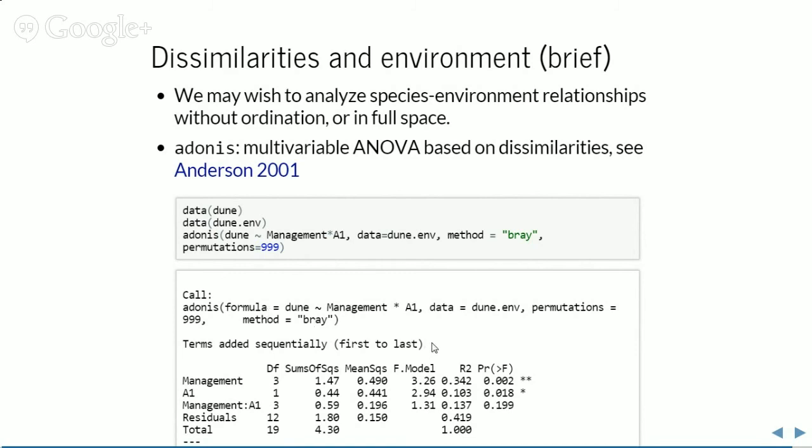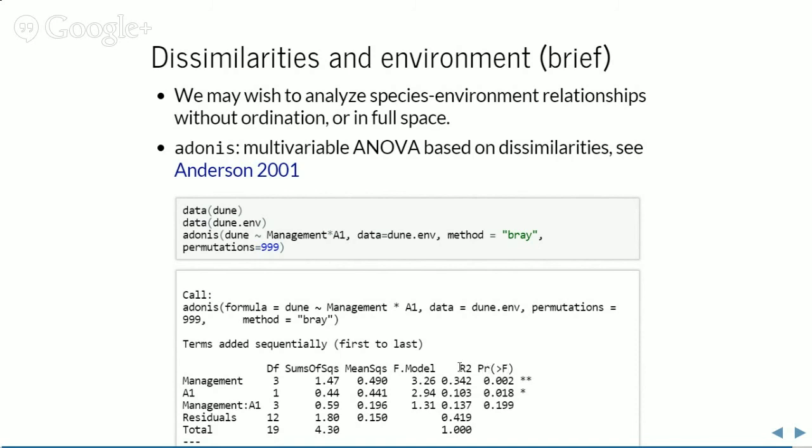And we can look at the output. This is based on permutation tests. We can look at the output, really focusing just on the R squared and the p-value.